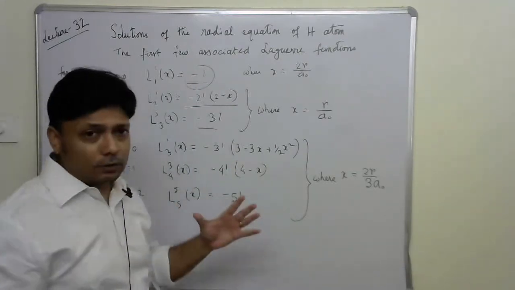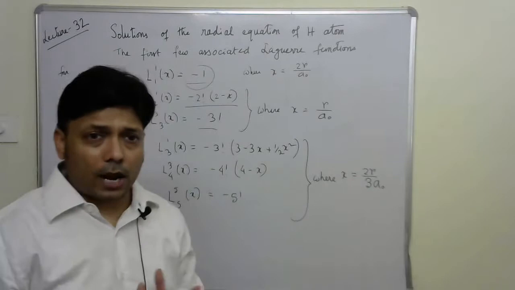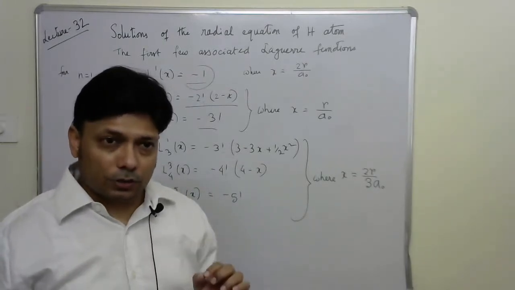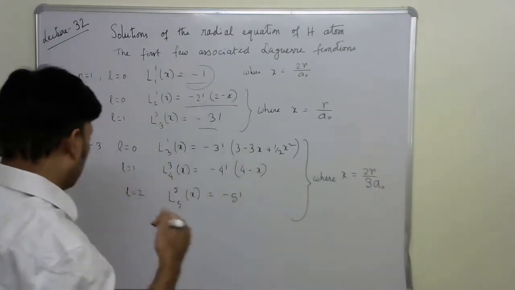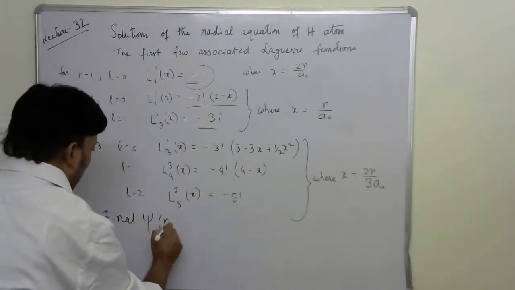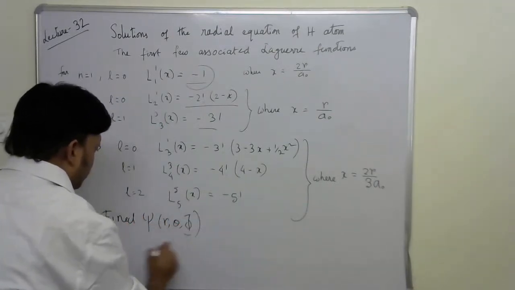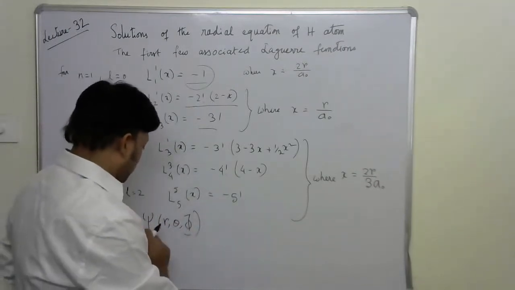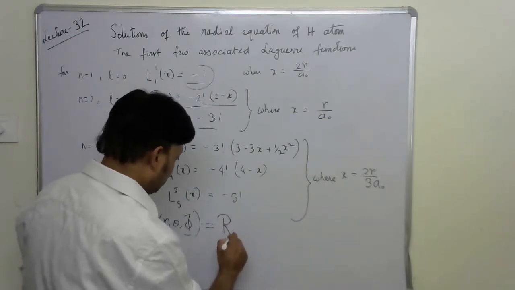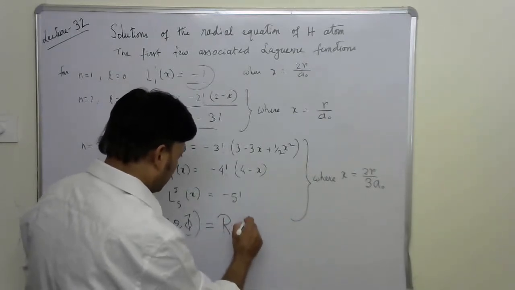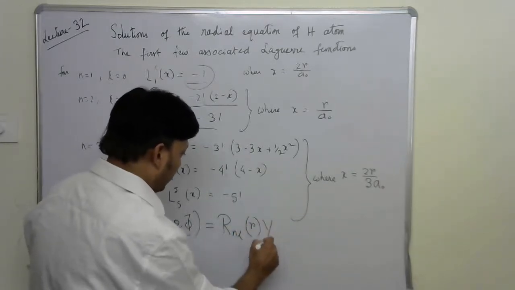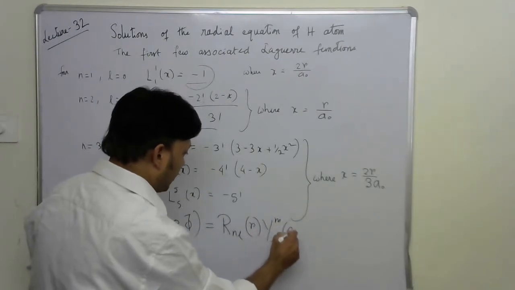These are the standard expressions following which one can deduce the final psi(r, theta, phi). Remember, now the expression for psi(r, theta, phi) is equal to R_nl(r), which is the function of r, multiplied by Y_lm(theta, phi).